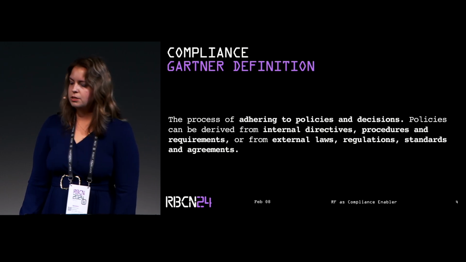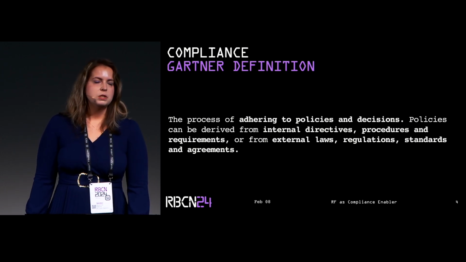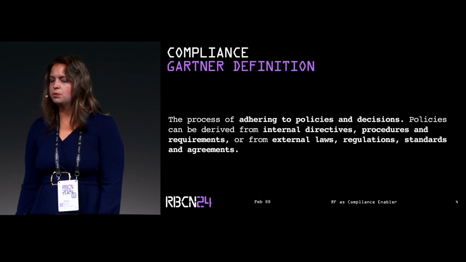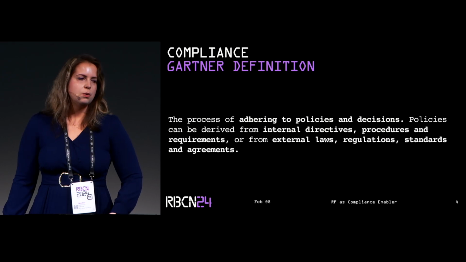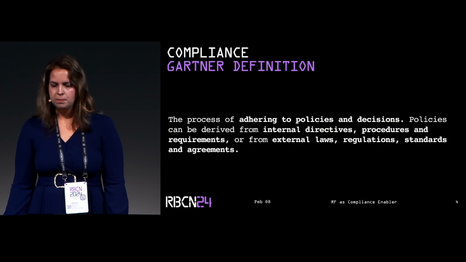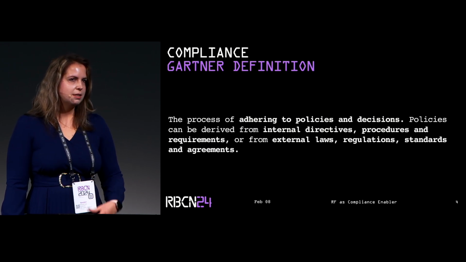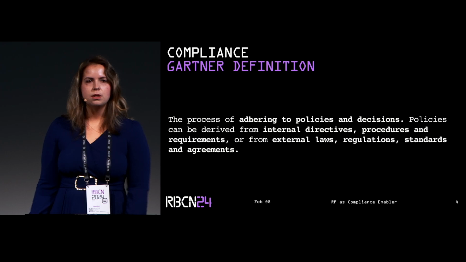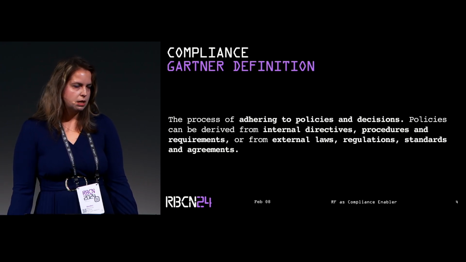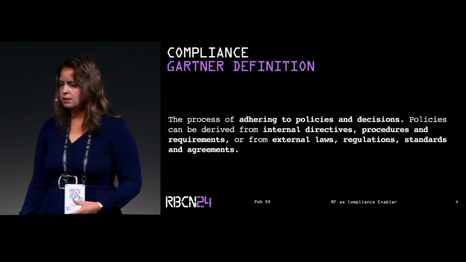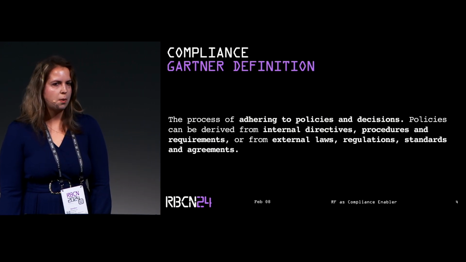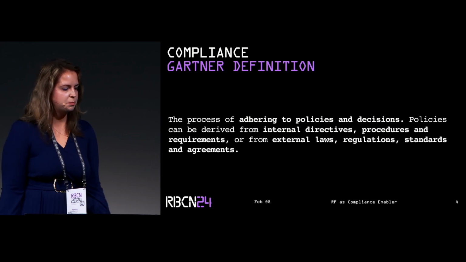So let me start. What is actually compliance? By the Gartner definition, compliance is a process in which you need to adhere to those policies which come either from internal directives or from external laws. With this, the development teams that work in this regulated environment try to find some compliance enablers, that are tools or projects or processes that help them deal with this whole huge, complex compliance process.